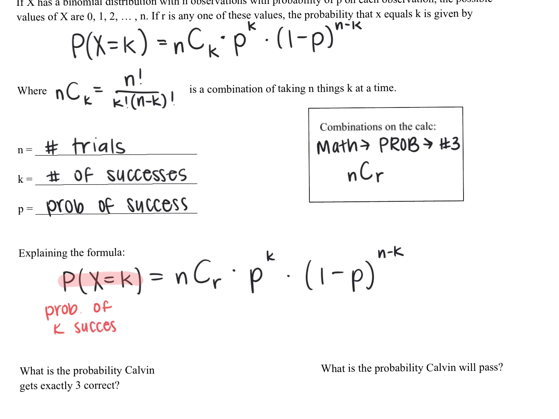So you're saying, all right, what's the probability I get 1 correct, 2 correct, so on and so forth. Then we have nCr, which is your combination of k successes in n trials.